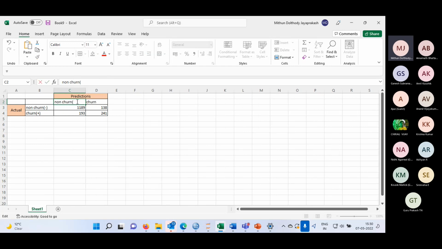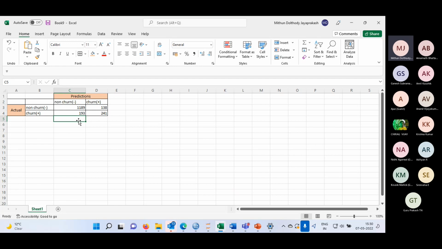I'll just be calling them negative here. And this is my positive category. Clear? So the question is, there are 5 important numbers I want to pull out from this 2x2 matrix. What are these 5 important metrics?